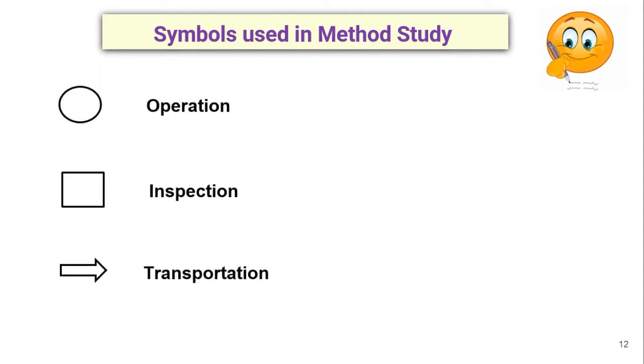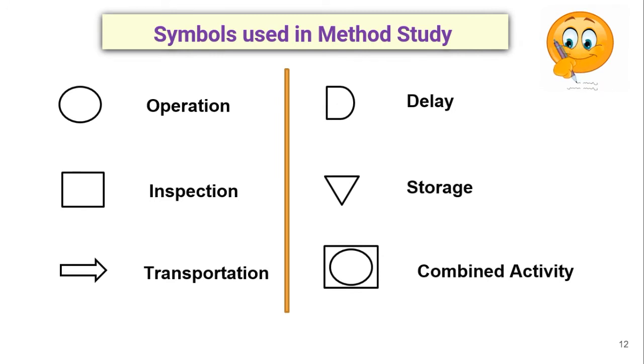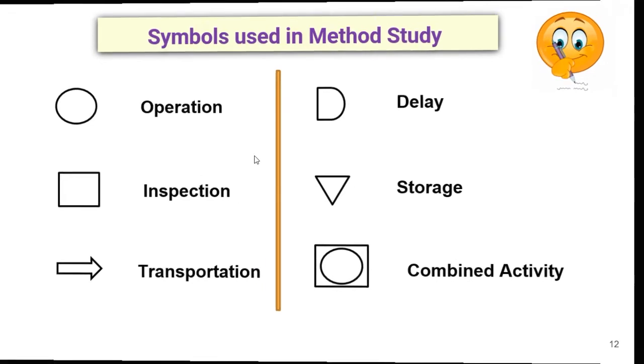They are as follows: operations indicated by circles, inspection activity indicated by a rectangle, movement shown by an arrow, delay by a D symbol, storage by an inverted triangle. Sometimes there may be a combined activity such as operation and inspection, shown by a rectangle with a circle inside. We'll see these one by one.